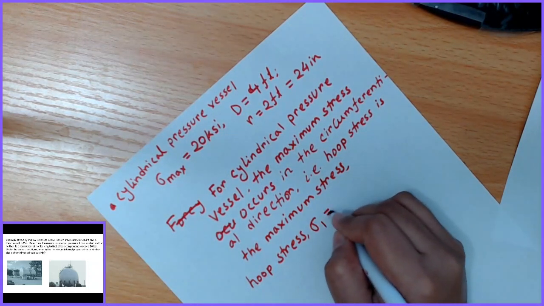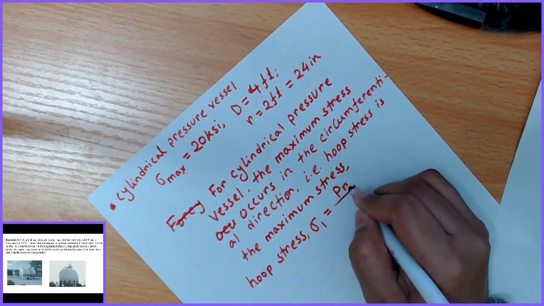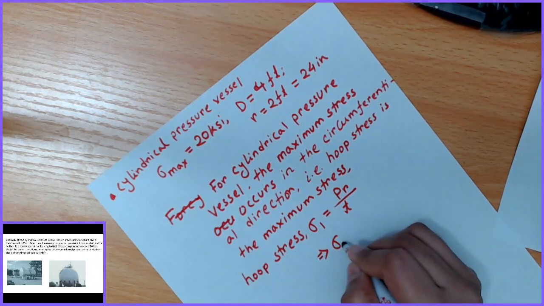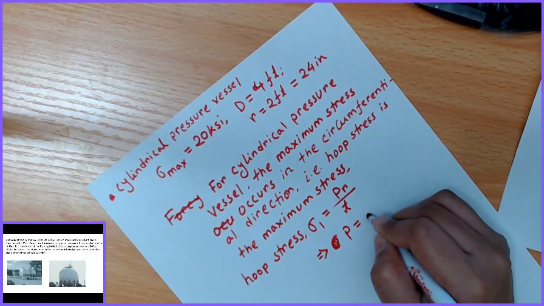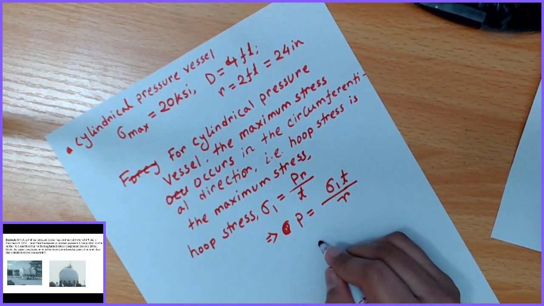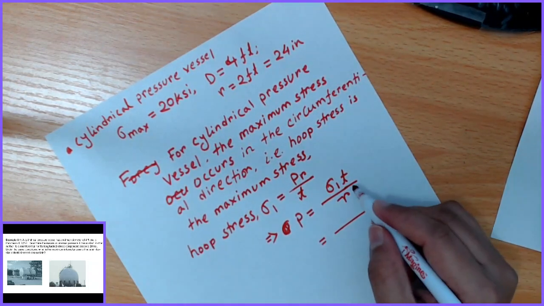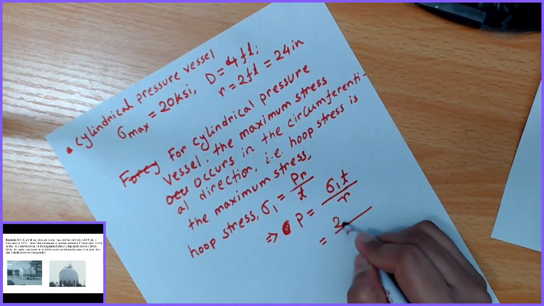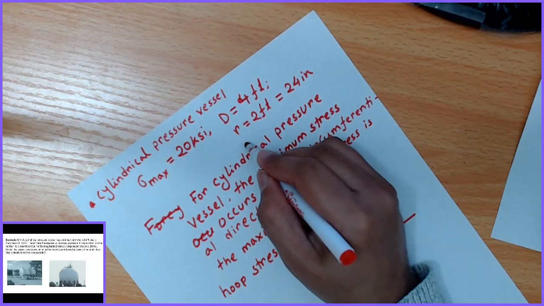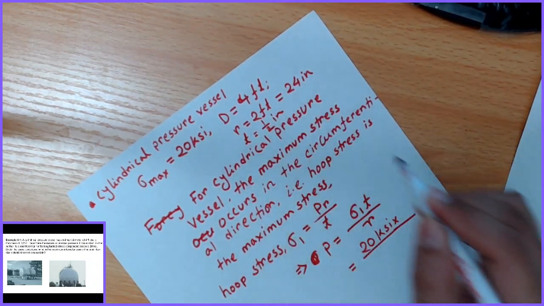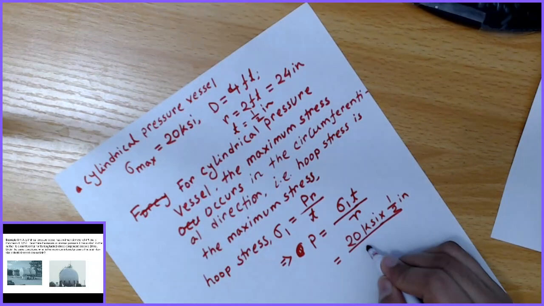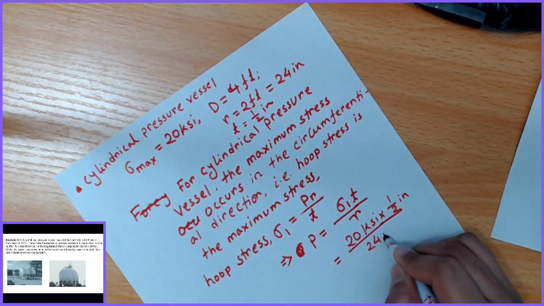And we know the hoop stress sigma 1 is equal to PR by T, and we can say P is equal to sigma 1 multiplied by T divided by R. So we know that sigma 1 here is the maximum stress, which is 20 ksi, multiplied by thickness T, which is half inch, divided by R, which is 24 inch.